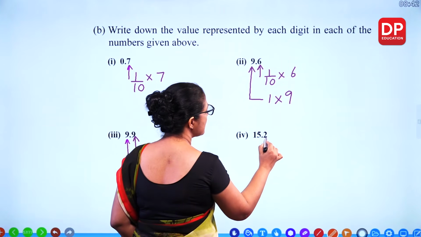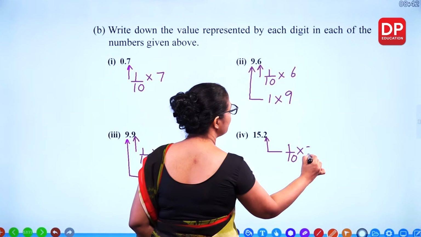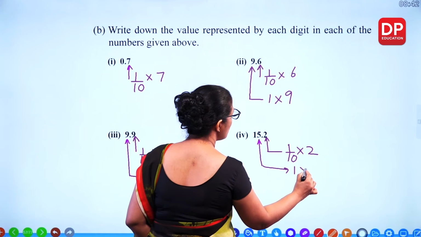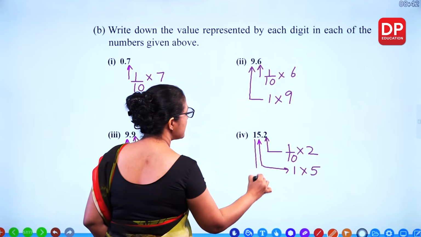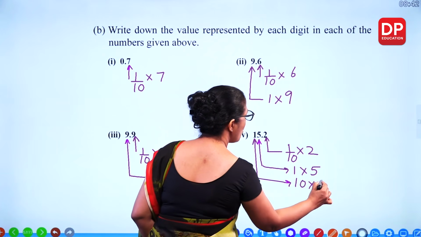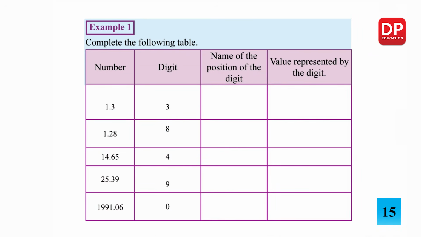15.2. This is tens place. 1 over 10 times 2. This is ones place. That means 1 into 5. And this is tens place. 10 into 1. Example number 1. Complete the following table.